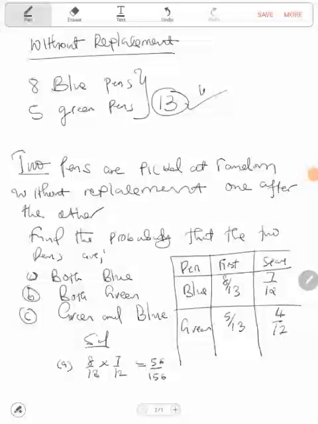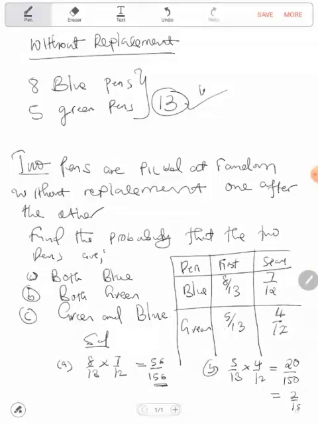If you can reduce it, you reduce it. Then B, which is both green, is 5 over 13 times 4 over 12. This will give us 20 over 156. This can even be reduced to something smaller. This will actually give you 2 over 15.